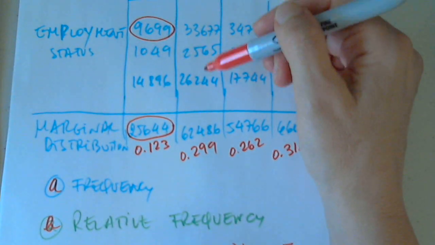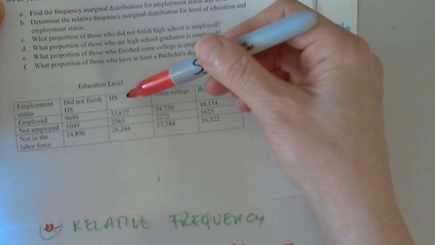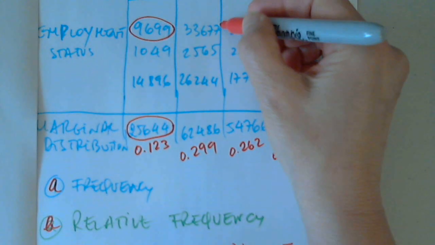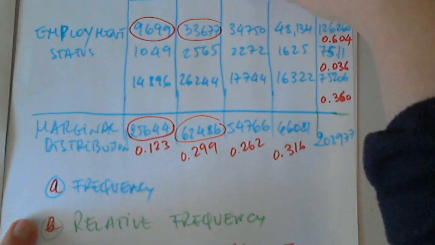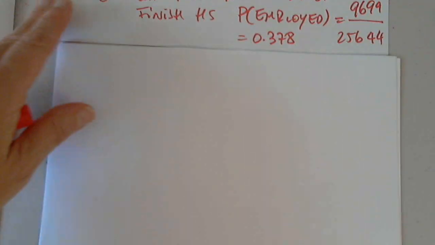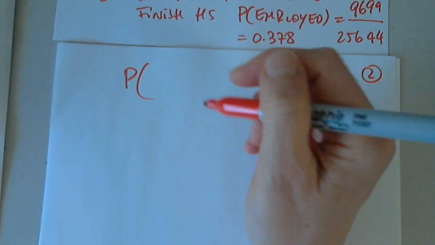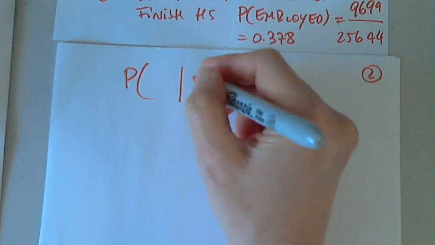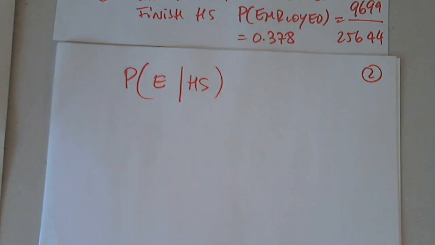The second column refers to those who graduated from high school. So employed will be this number over this number. Knowing that they finished high school, what is the probability of employed?